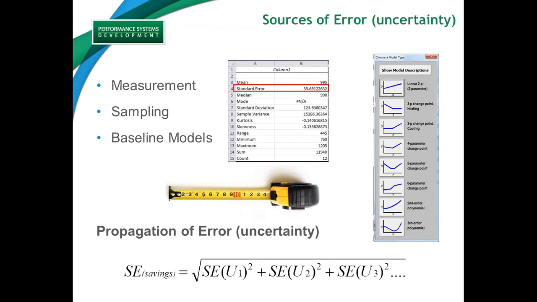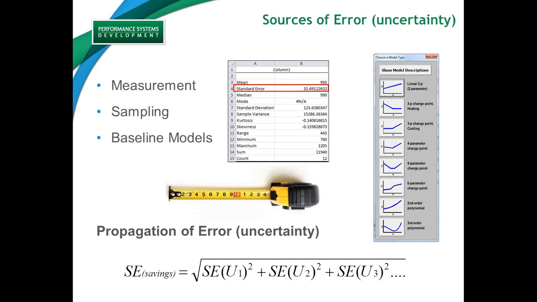In IPMVP and Guideline 14, we talk about three sources of uncertainty, three key sources of error, and there are many more. These are the three key ones that we deal with as part of IPMVP. One is measurement error, the second is sampling error, and the third is the error in our baseline regression models. I've drawn up on this slide some examples, and we cover this in our CMVP courses.